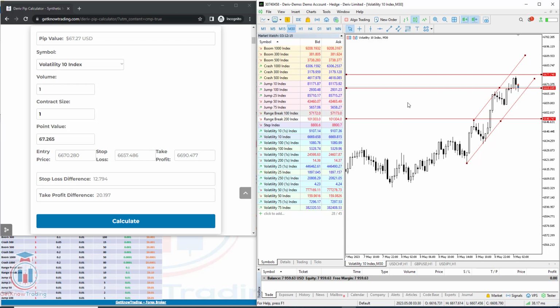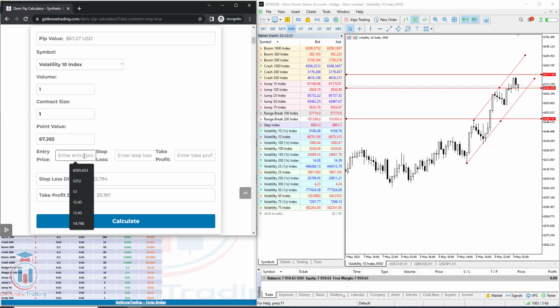So how much money would you make if you put a take profit here and also a stop loss? Let's put these values here. The entry price would be the price on the chart, and that is 6668.849.